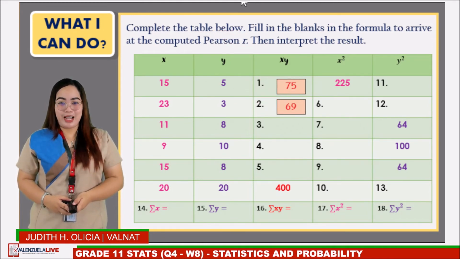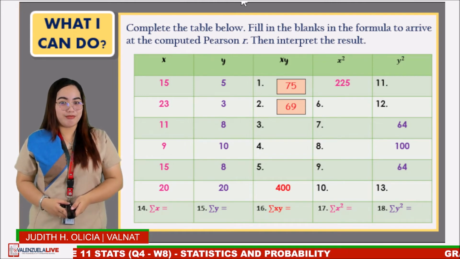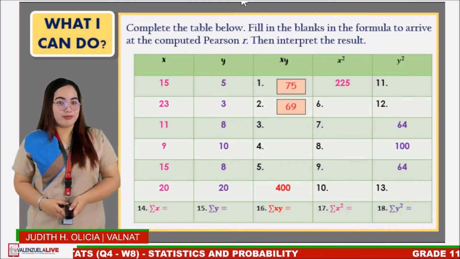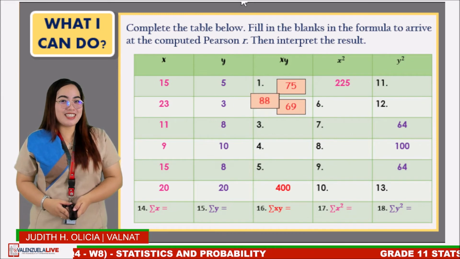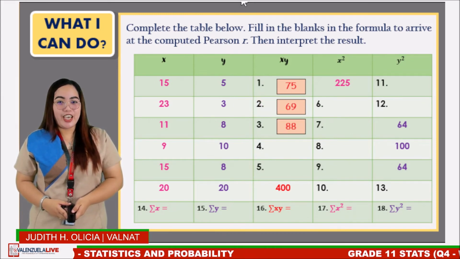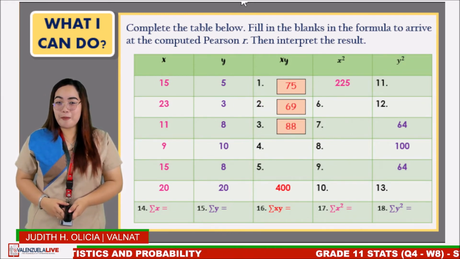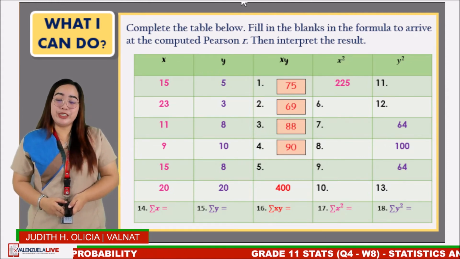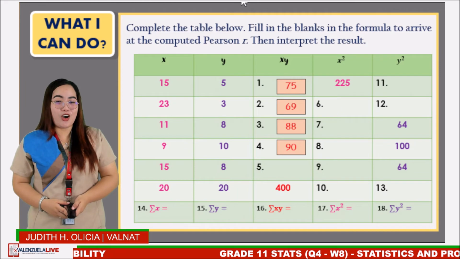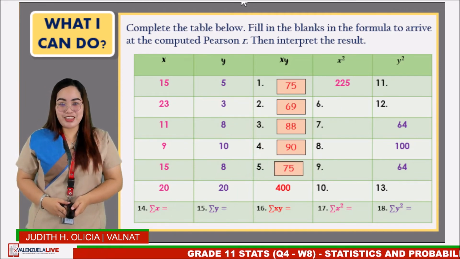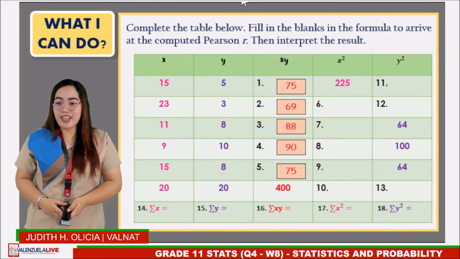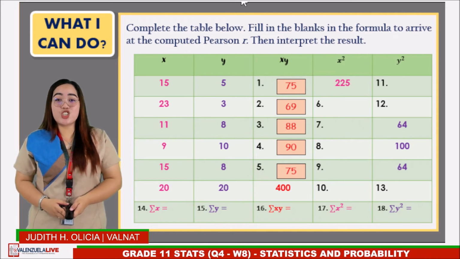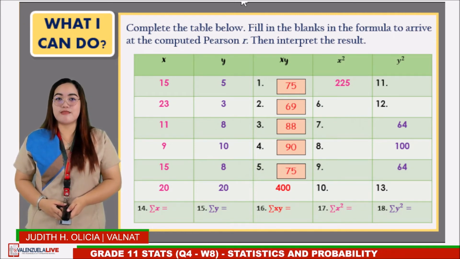How about the product for number 3? Good job. It is 88. And for number 4, the product would be 90. And for number 5, we have the product of 75.